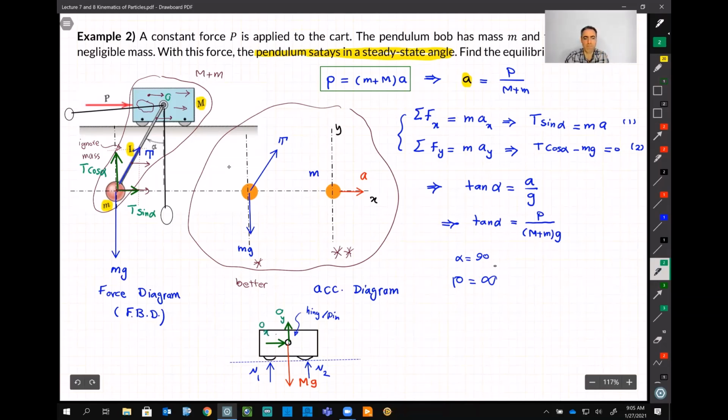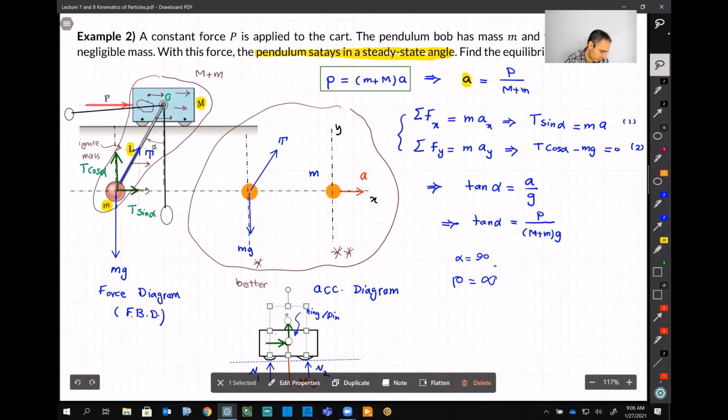And then what else? I either draw OX and OY, or if I'm smart, rather than drawing OX and OY, let's get rid of these. Sometimes my pen doesn't like to write.